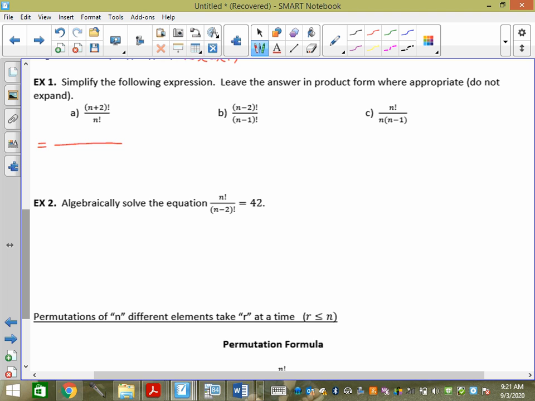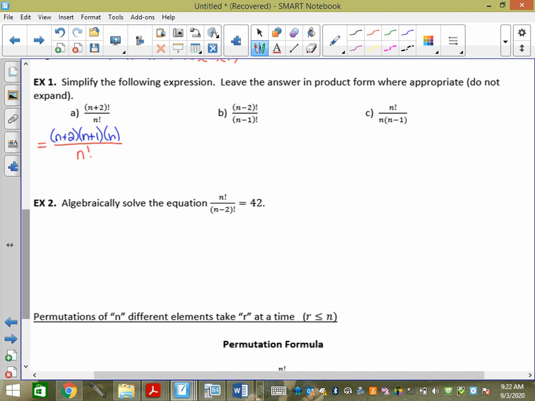All right. So n factorial stays the same, because I'm not doing anything with it, because it's the smaller one. n plus 2 factorial, I'm going to expand. So I'm going to get n plus 2. And then what's one less than that? n plus 1. And then what's one less than that? n. And then I could keep going, couldn't I? It would go on forever.